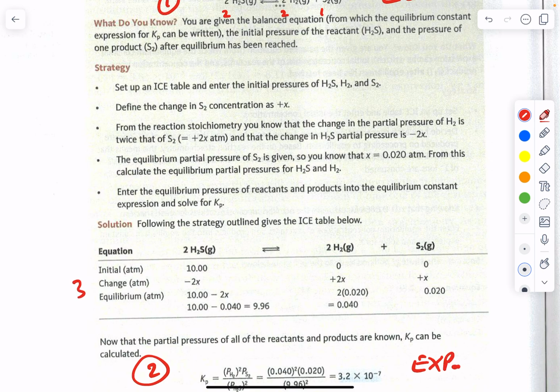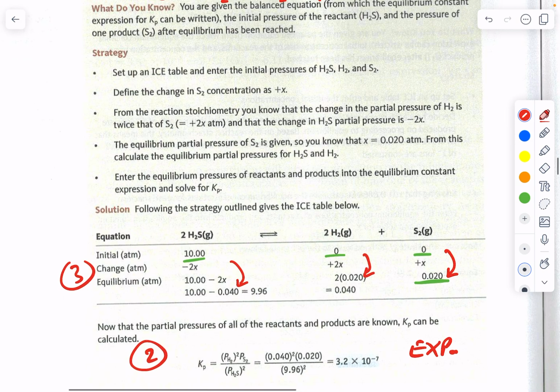And then my third step is usually to write down the ice chart and what we're given. We're given that, and that. And now we can do the math. We have to increase, x is going to be 0.020. So 2x gives me 0.040, minus 2x is going to give me 9.96.